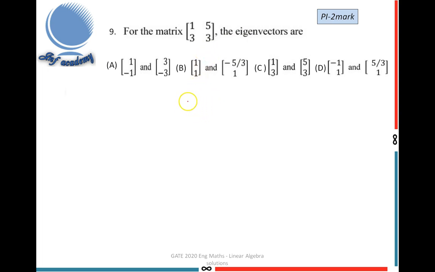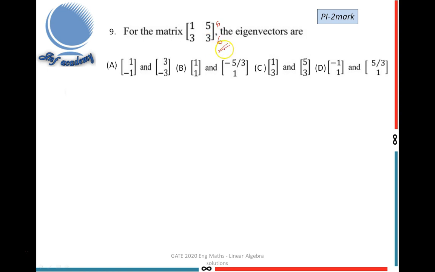The sum of the entries of every row of a matrix A is the same number K, then K is an eigenvalue of A. Here, adding the entries of each row: 1 plus 5 is 6, 1 and 3 plus 3 is 6.